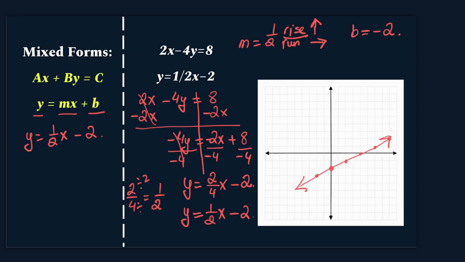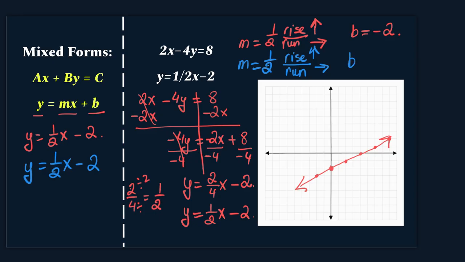Okay, so we're rewriting the second equation so you can clearly see it next to the other equation, 1 over 2x minus 2. So our slope is 1 over 2, which will be rise 1. Since it's positive, we're going to go up and run 2 towards the right.